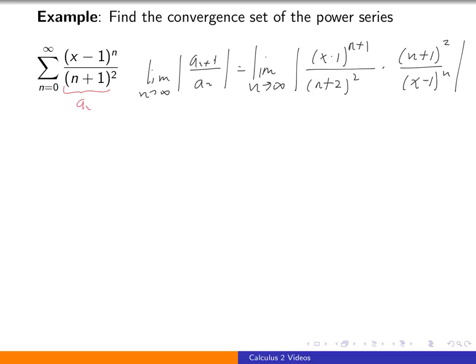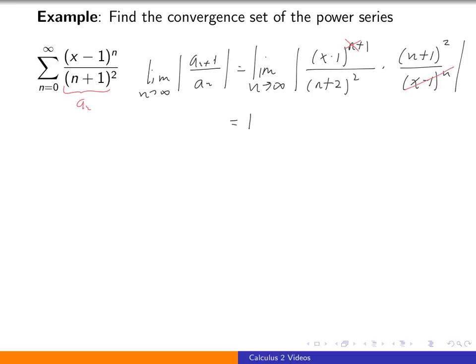And then, as we've seen previously, we simplify. The x minus 1 to the n in the denominator cancels off n of the x minus 1's in the numerator. In fact, there's only one x minus 1 left, and that's the only quantity present that requires absolute values.